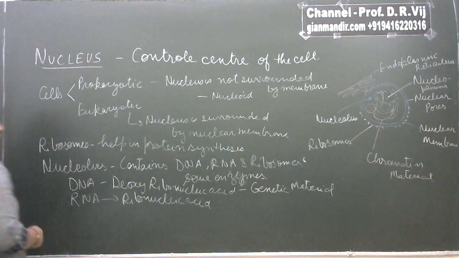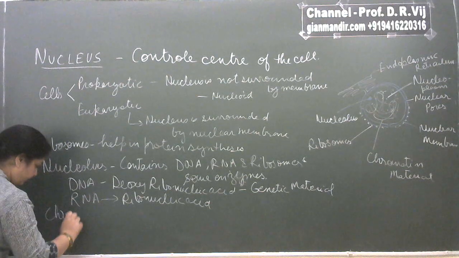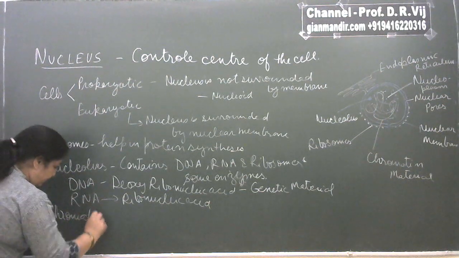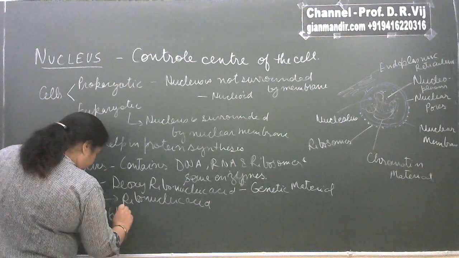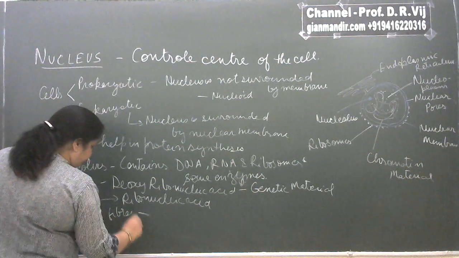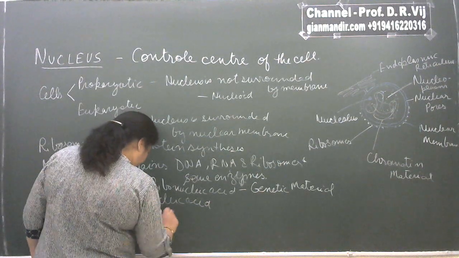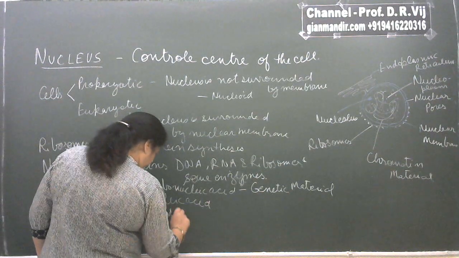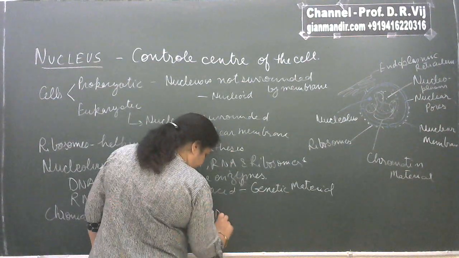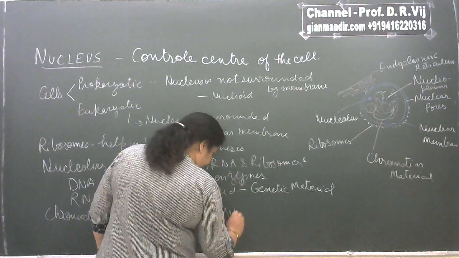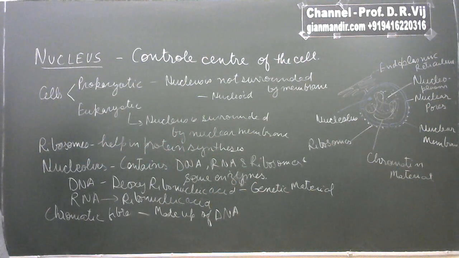Other than that, you have seen in the cell there is chromatin material or chromatin fiber. This chromatin material or chromatin fiber is again made up of DNA. And as I have already told you, what is DNA?